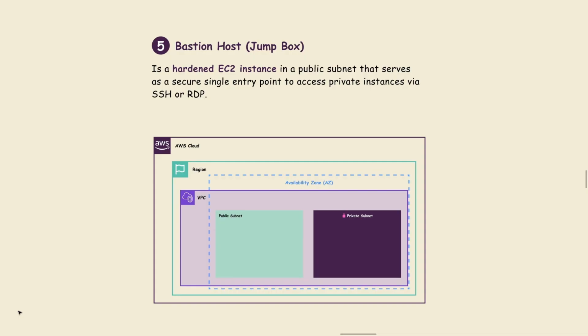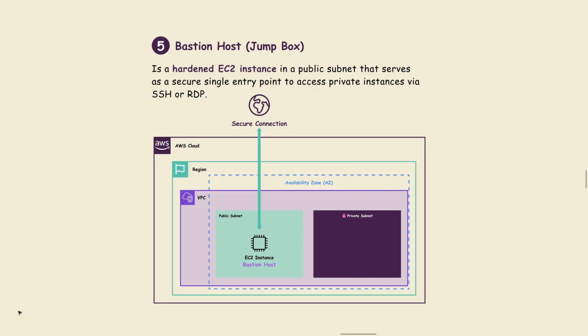Now let's look at the architecture shown in the diagram. Traffic starts from the internet, where an engineer or administrator initiates a secure connection. That connection reaches the public subnet, where the Bastion host EC2 instance is deployed. This is the only instance allowed to receive inbound administrative access. Once connected to the Bastion host, the administrator is now operating inside the VPC network.